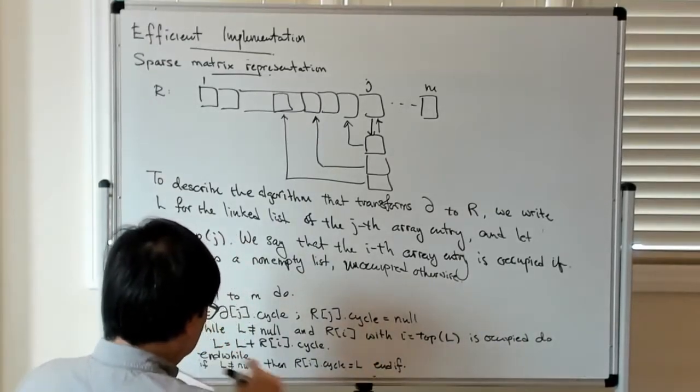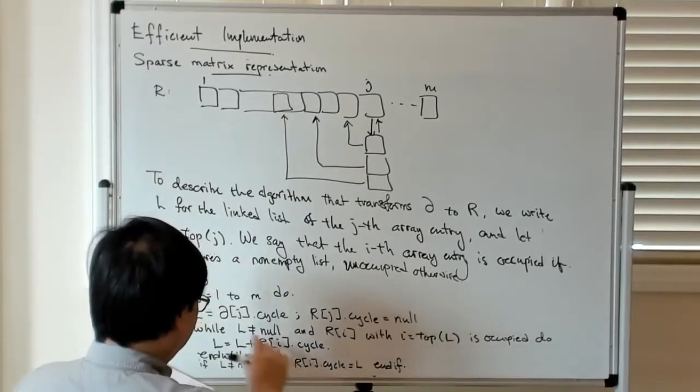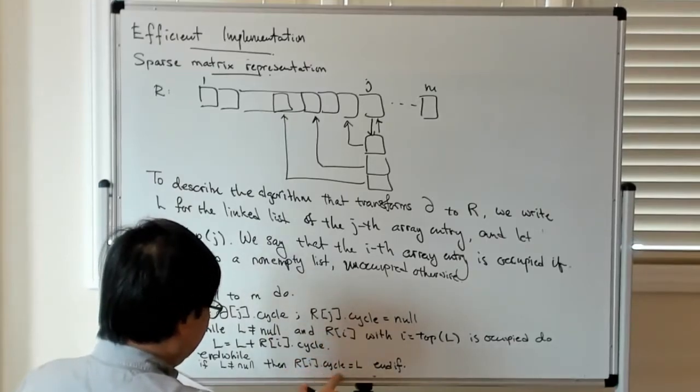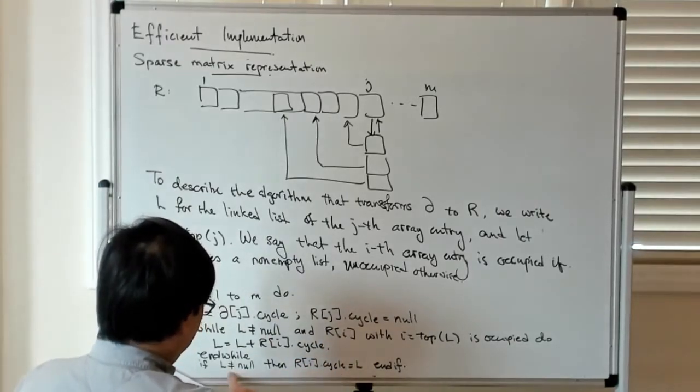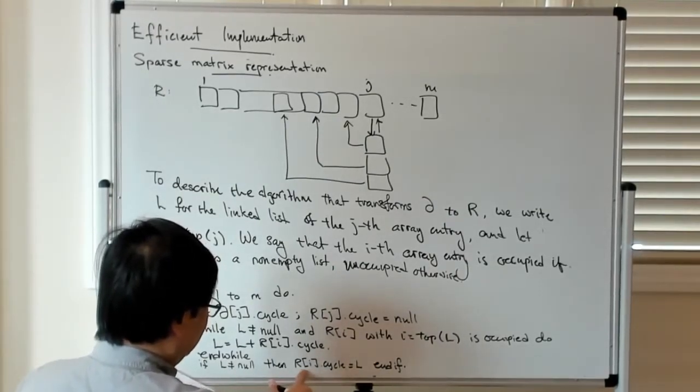So the difference in the algorithm is that this part here is still very, very similar to what you saw before. The difference is here, where if L is not the null list, then you record the list Ri here with L.